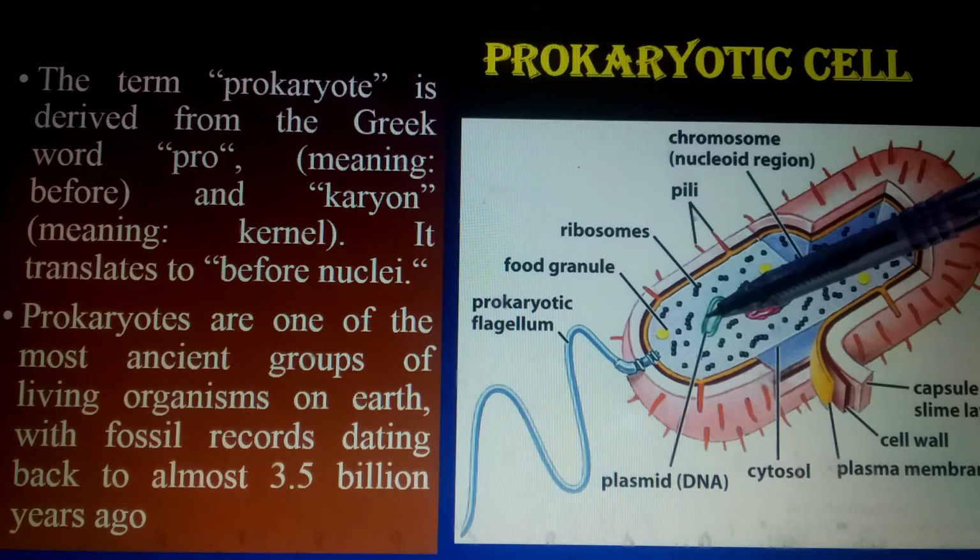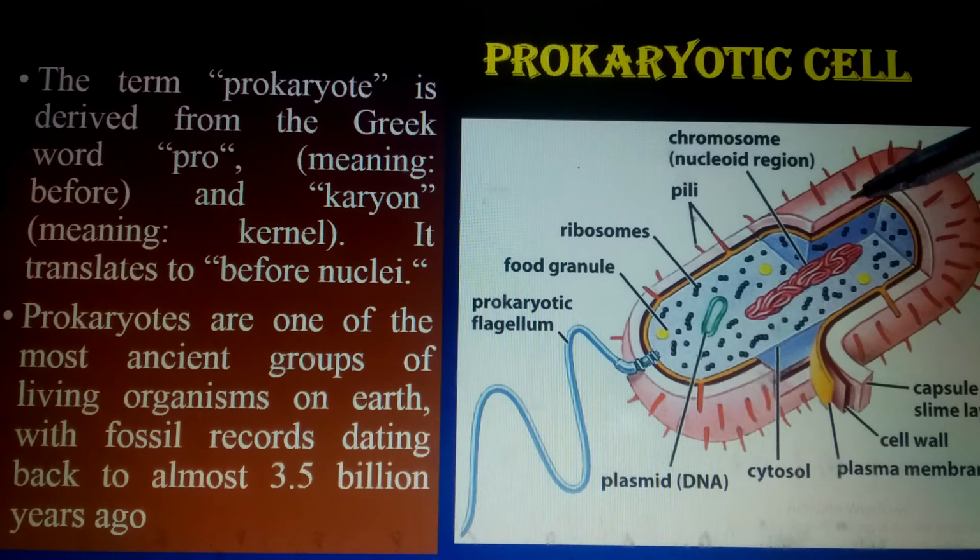This is the outermost layer, the capsule. In some cases the capsule is present, in some cases it is not. Inside the capsule you can see the cell wall, and inside the cell wall the third layer, which is the plasma membrane.